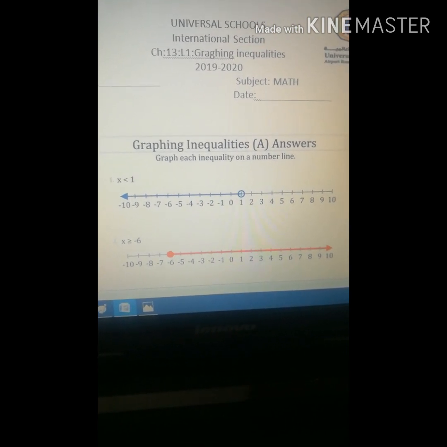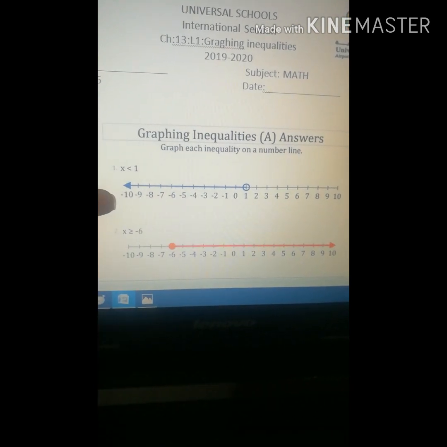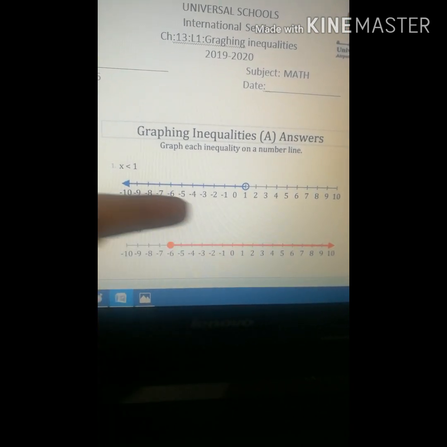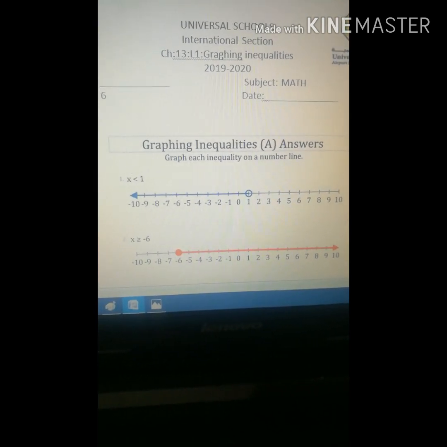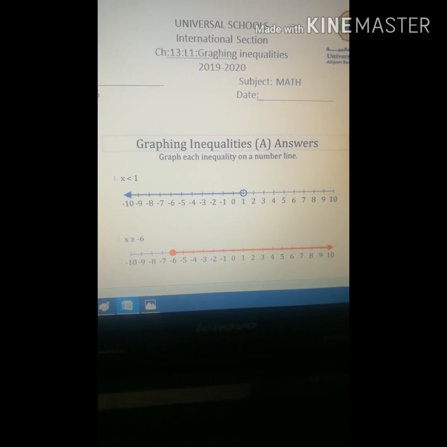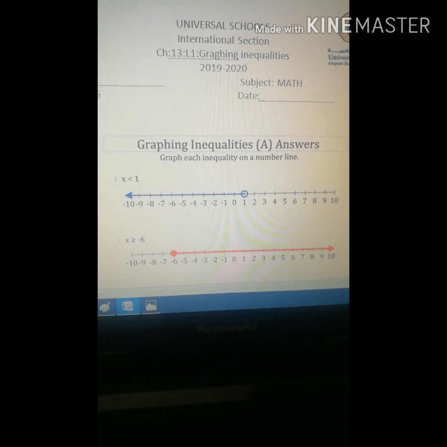This is the 1, then 0, minus 1, until minus 10. So this is the set from 1 down to minus 10, all of them less than 1. So x may be 0, maybe minus 6, maybe minus 7. All the values less than 1 you count on the left side.